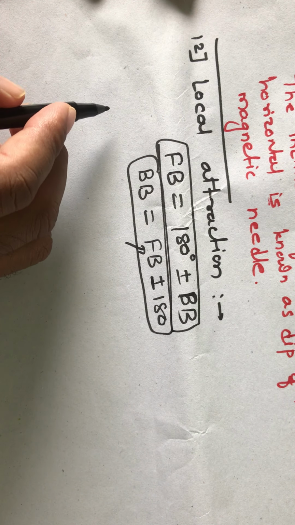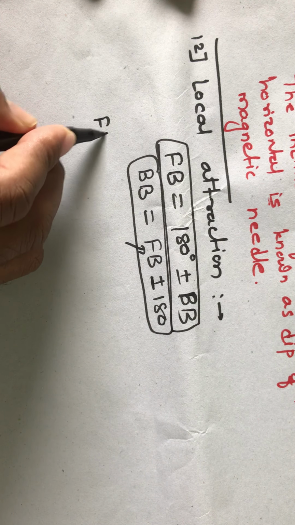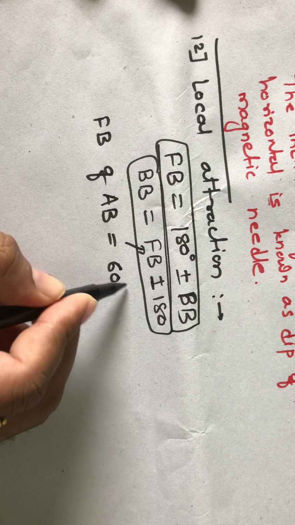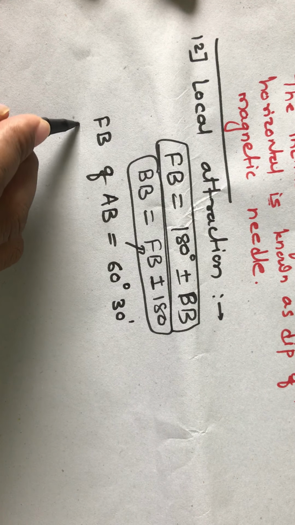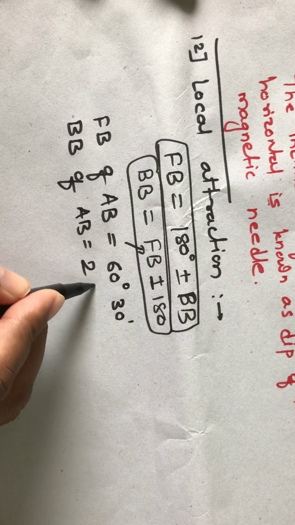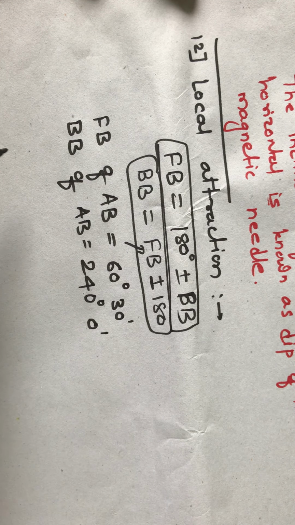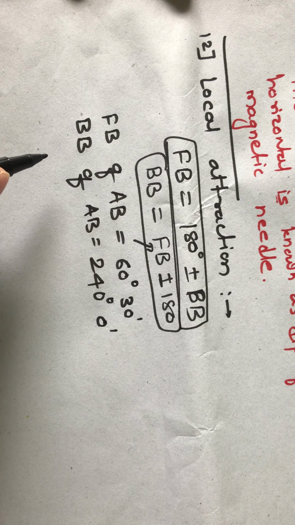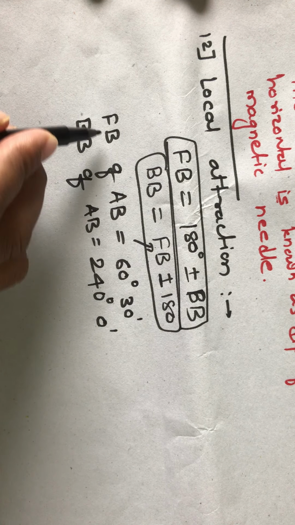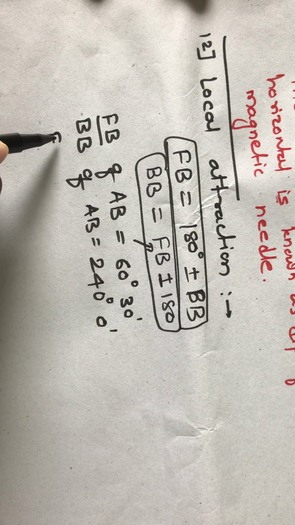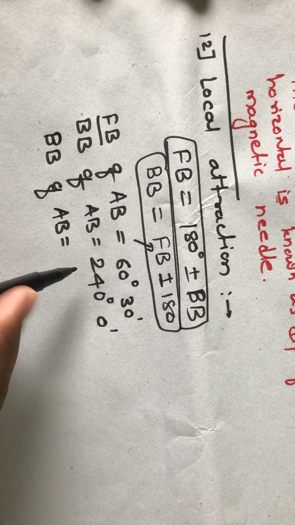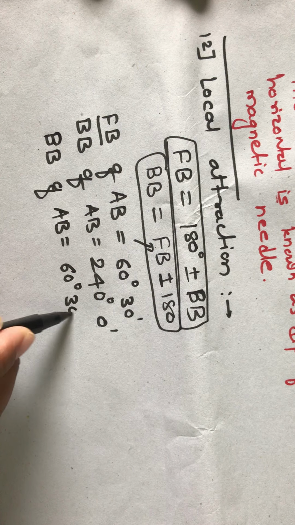Suppose we have observed the forebearing of line AB equals 60 degrees 30 minutes, and the back bearing of AB is 240 degrees 0 minutes. As per the forebearing, the back bearing of AB should be 60 degrees 30 minutes plus 180, since the angle is less than 180.